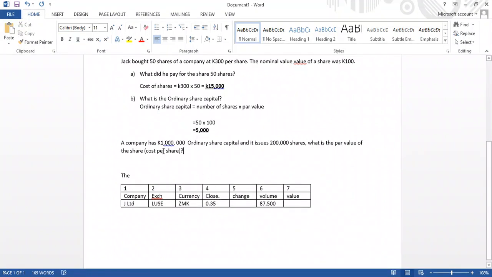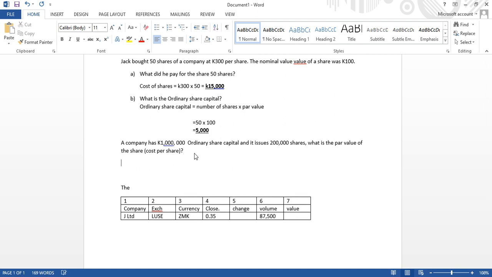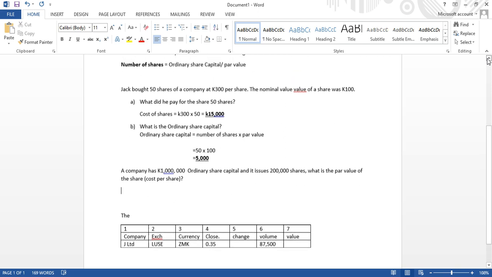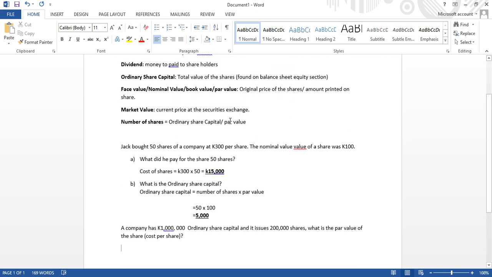All right. Let's look at this next question. A company has 1 million ordinary share capital and it issues 200,000 shares. What is the par value of the shares? Basically, how much is each share? What's the amount printed on the shares? So remember our formula here.